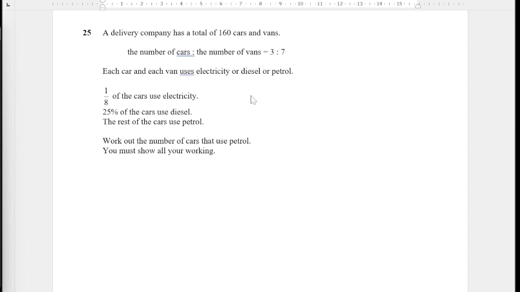Okay, so I'm going to do this in 2 parts really. So cars to vans, we're using a ratio of 3 to 7. And we know that the total is going to be 160. Actually, I'm going to put the 160 there.